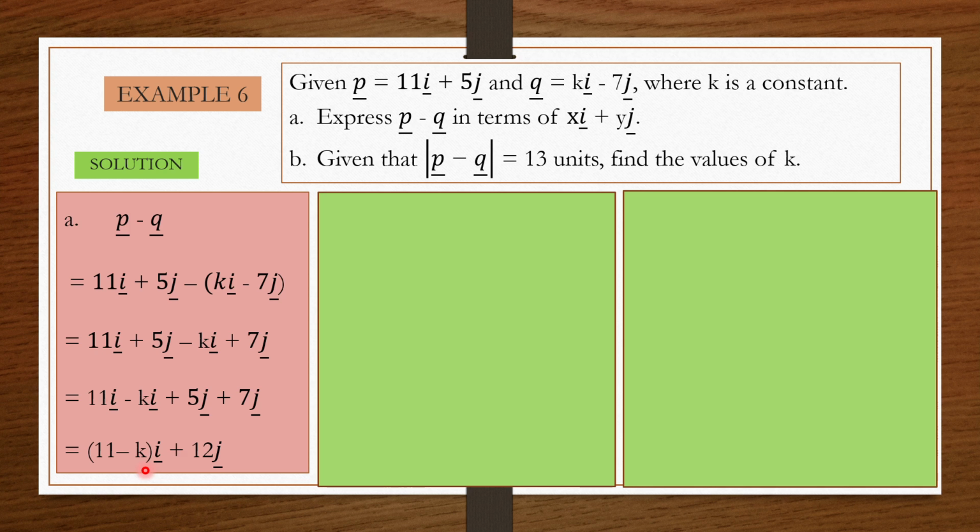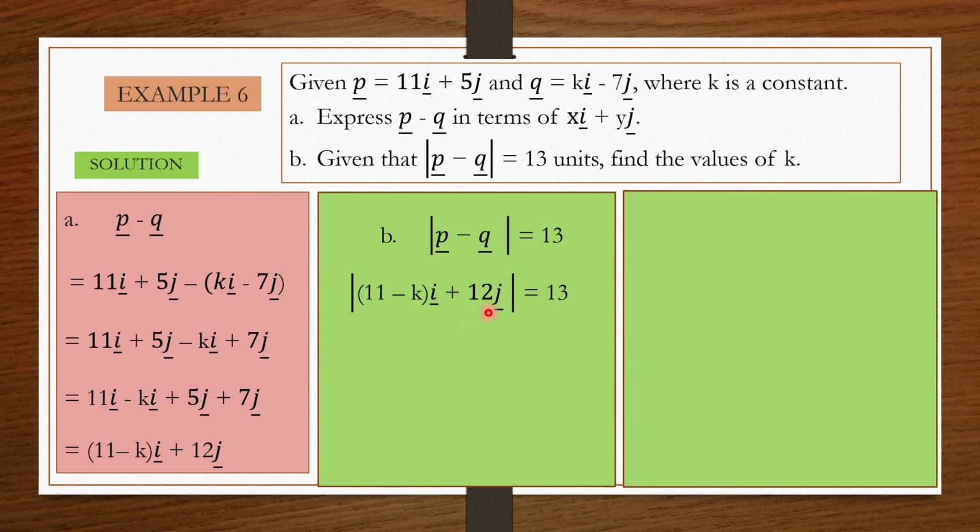Now let's move on to the second question. For the second question, you are given modulus p minus q equals 13. That means the magnitude of vector p minus q equals 13. And you are asked to find the values of k. So change the p minus q as 11 minus k in bracket vector i plus 12j.